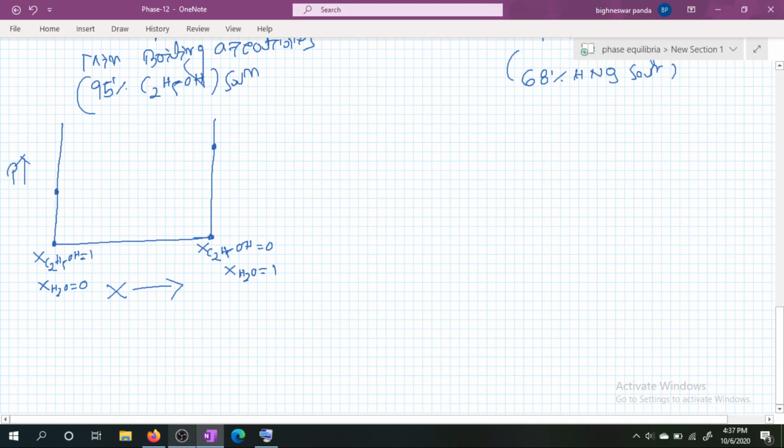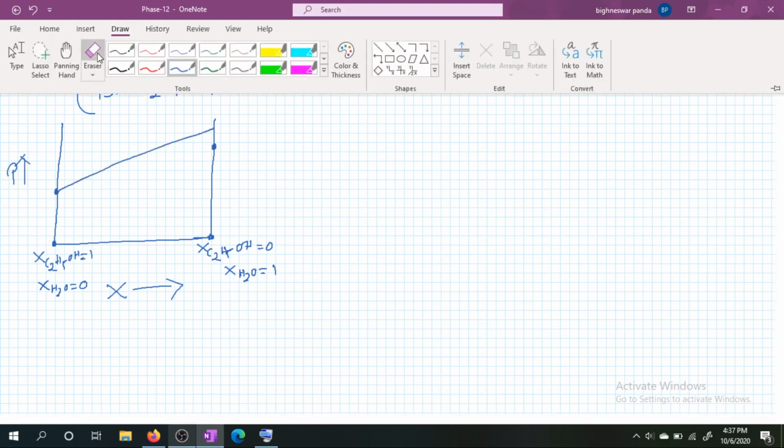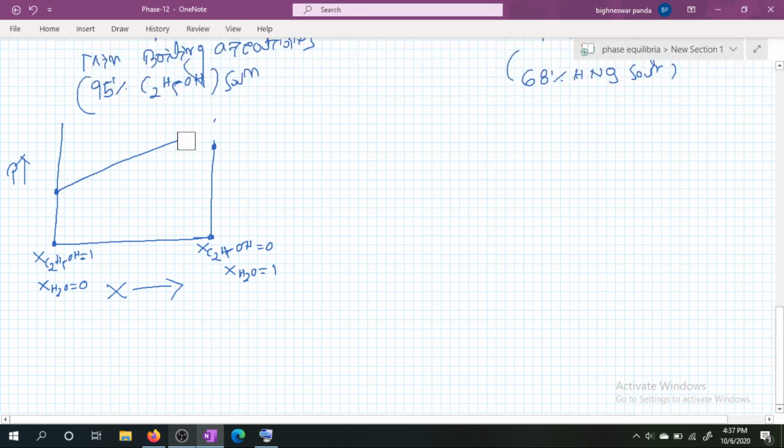So according to Raoult's law, I can draw the graph like this, and this is for an ideal solution.